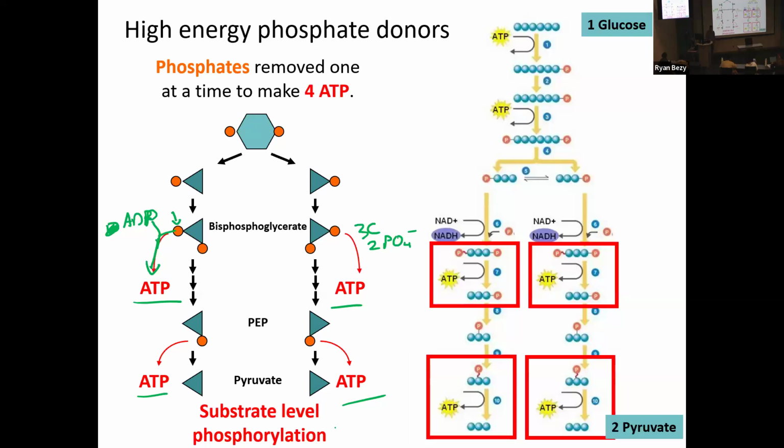Substrate level phosphorylation makes ATP. How many net ATPs did we make then? Over the course of glycolysis from the start to the end, what's my net ATP production?